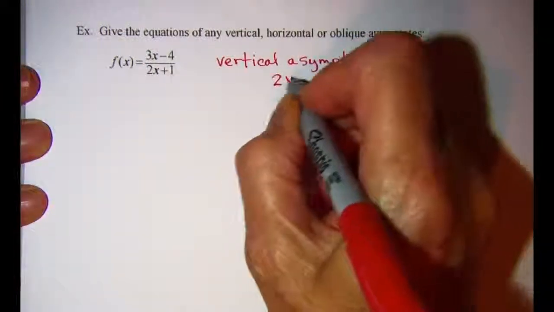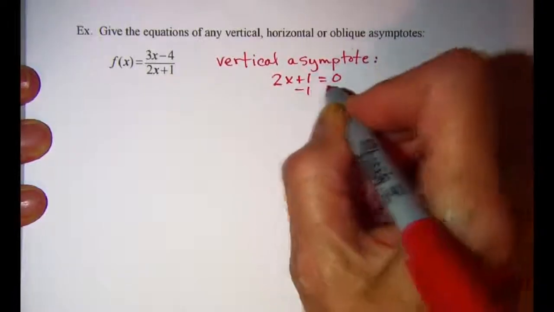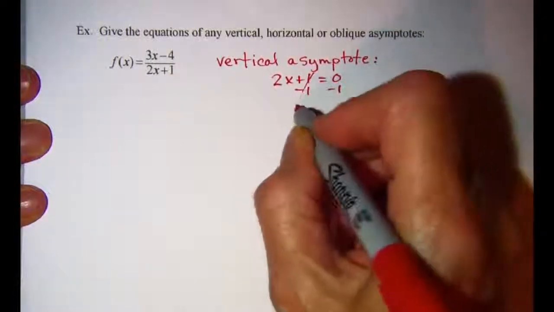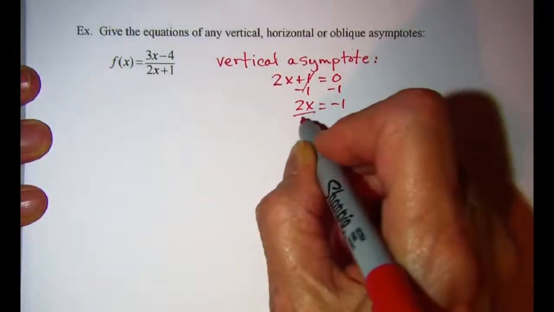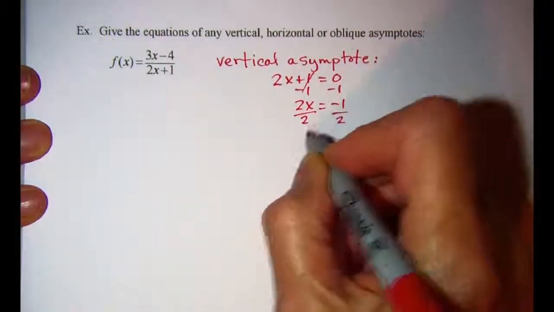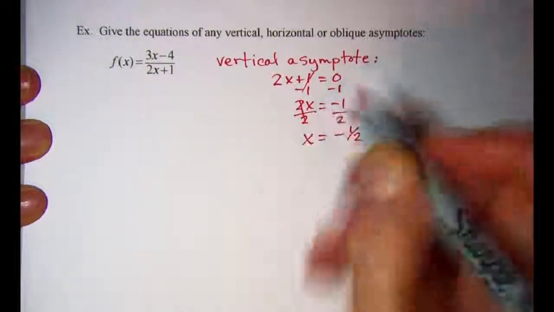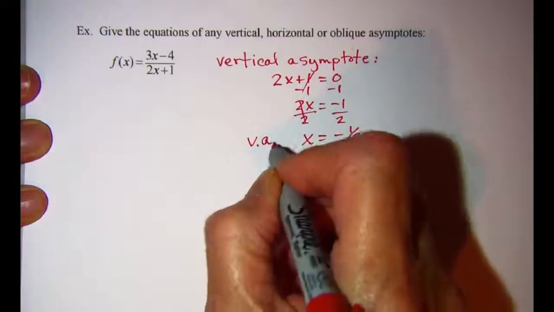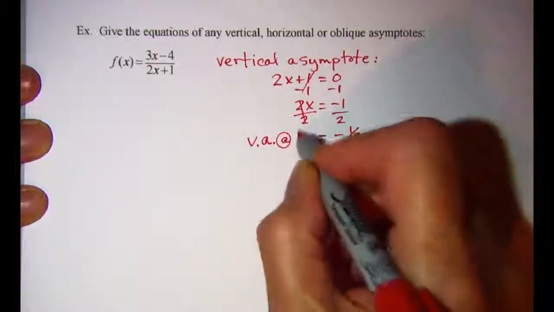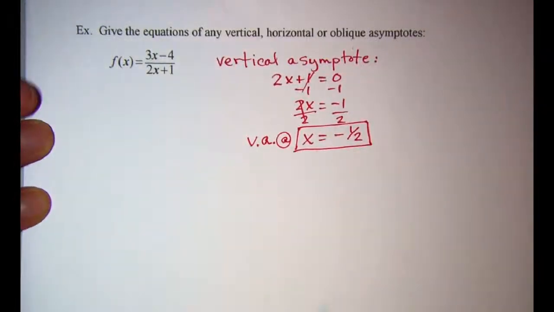So 2x plus 1 equals 0. We'll solve for x. 2x equals negative 1. Divide by 2. x equals negative 1/2. So we have a vertical asymptote at x equals negative 1/2.